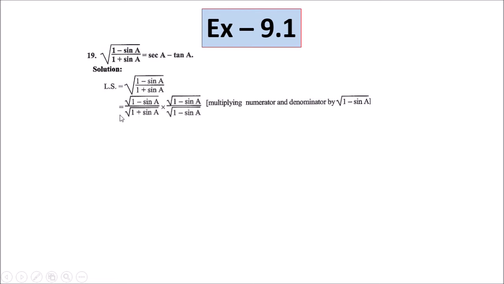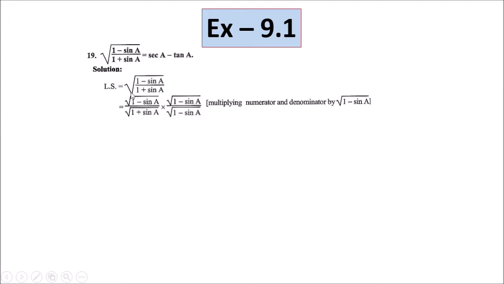If I write it this way, we will understand that it is the same thing. You can remove it and it will remain the same, it will not change anything. For that purpose I multiplied the numerator and denominator, keeping it alike as before. Again I am telling you to make it more clear.